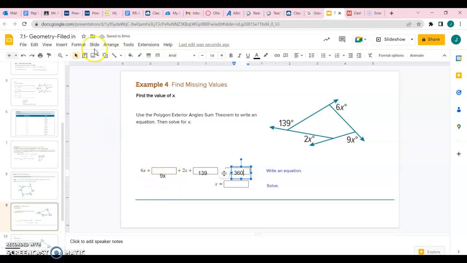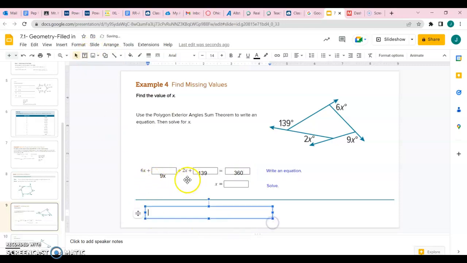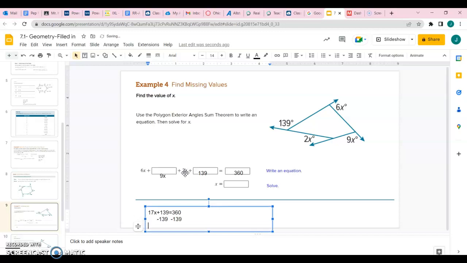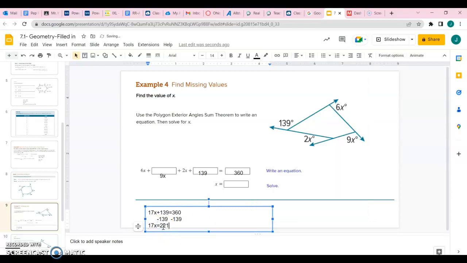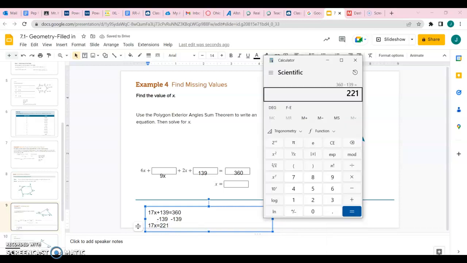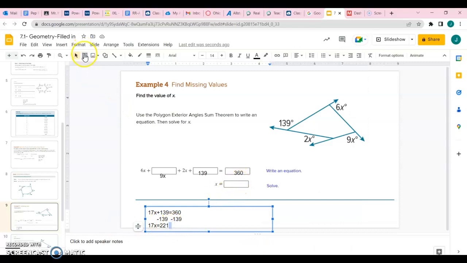So I'm going to combine my like terms. 6x plus 9x is 15x, plus 2x is 17x, plus 139 equals 360. My first step is to subtract 139 from both sides. Now I have 17x equals, I'm going to pull my calculator up, 360 minus 139 gives me 221. Then I'm going to divide both sides by 17, and I end up with 13. So x equals 13.